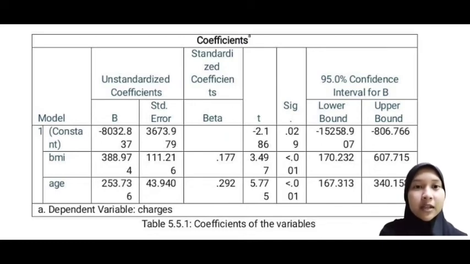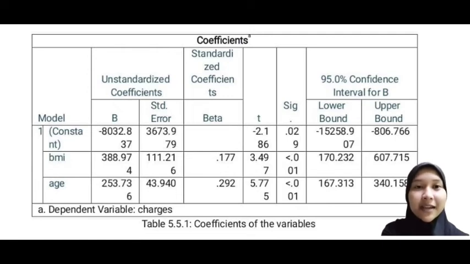Moreover, for each increase of 1 unit in the insured's age, the charges also increase by 253.736, the standardized beta coefficient.